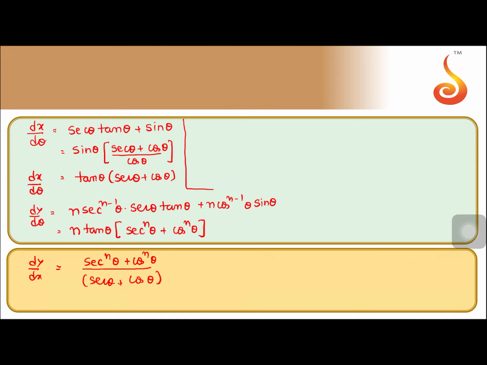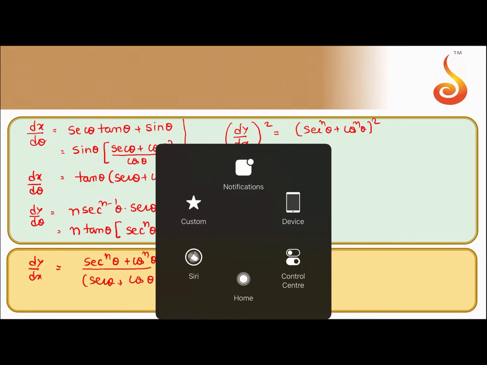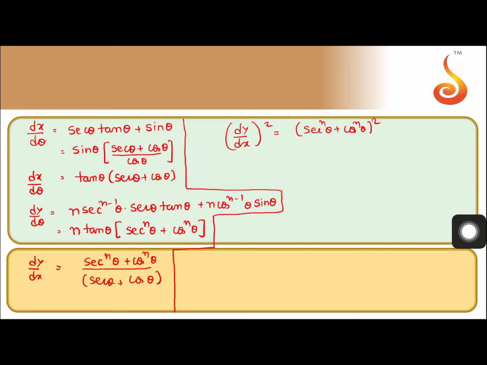So if we do dy by dx whole square, what we are getting here? Secant to the power n theta plus cos to the power n theta whole square divided by secant theta plus cos theta whole square. So that we are getting.